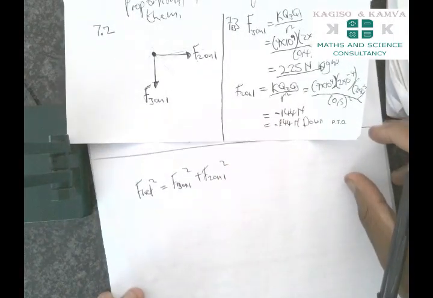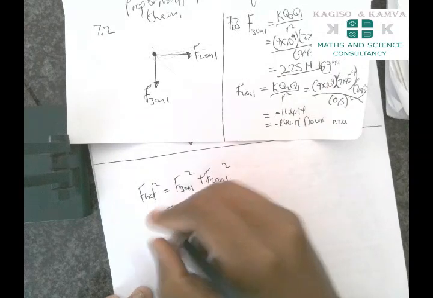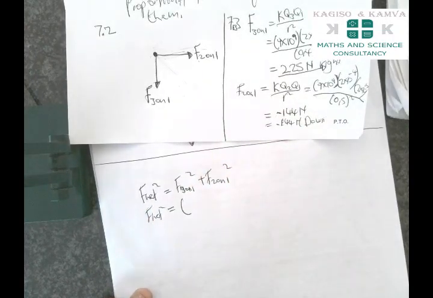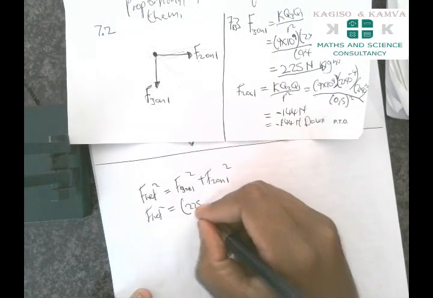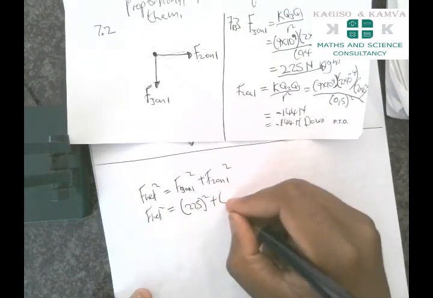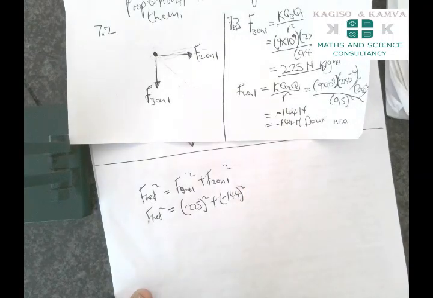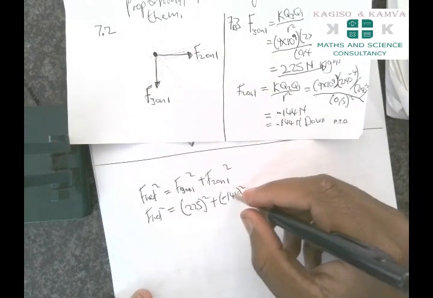Just like that. F net squared will be 225 squared plus negative 144 squared. Are you right? Yes. Good.